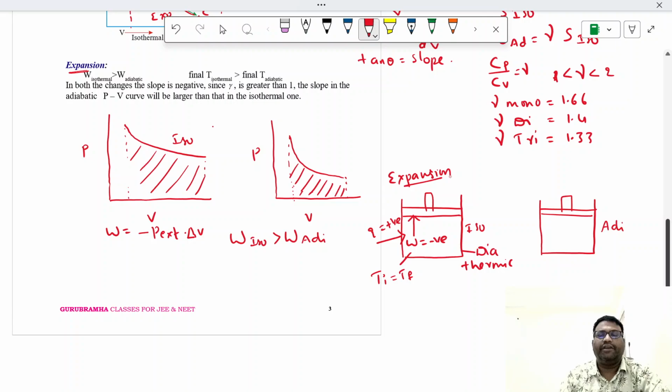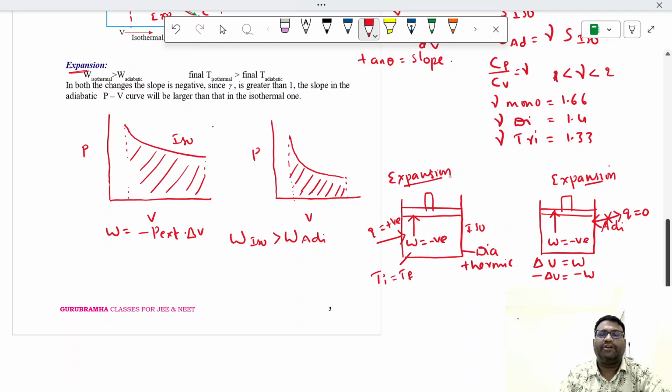Why? In the adiabatic process, this wall is insulated. Q is equal to 0. It cannot take heat, it cannot release heat. If it is doing work, then delta U will be equal to W. Minus delta U will be equal to minus W. That means if work is done by the system, that is called expansion.